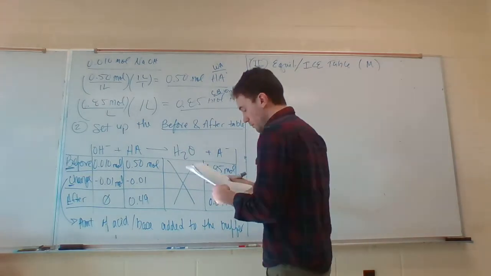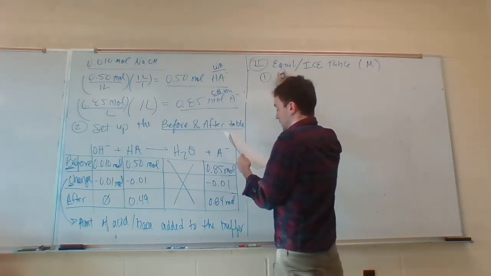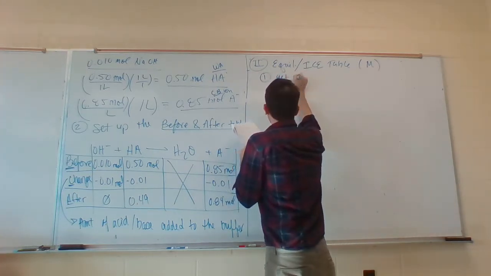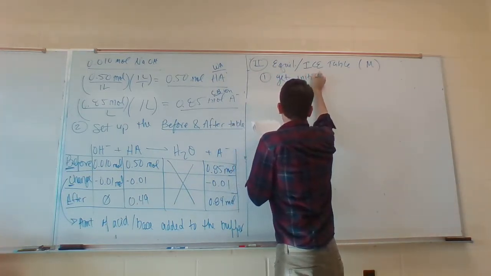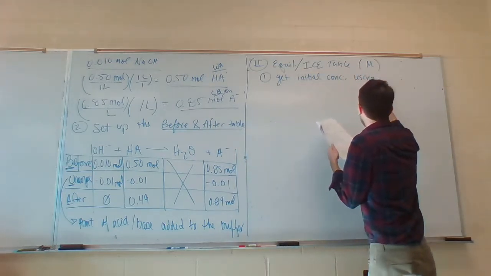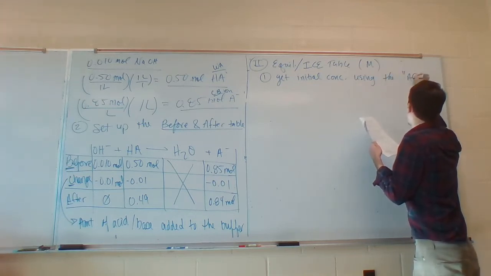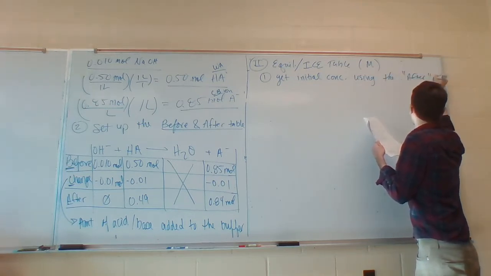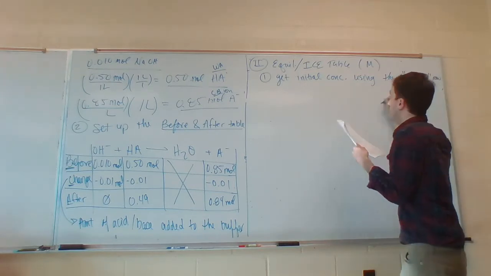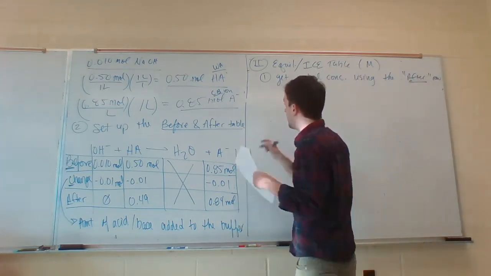So, our first step here is going to be to get the initial concentrations using the after row from our BCA table. So we're going to use that after row, that last row.